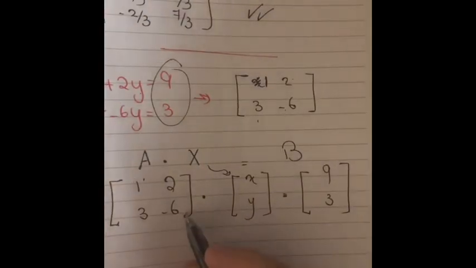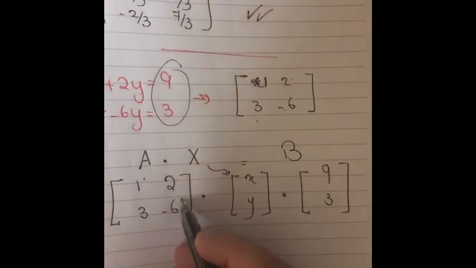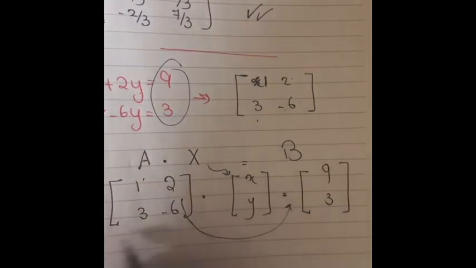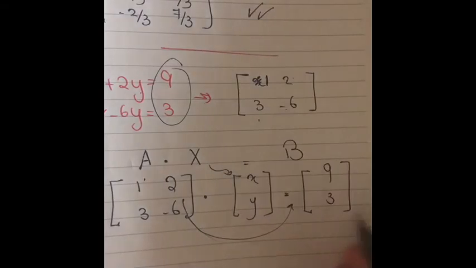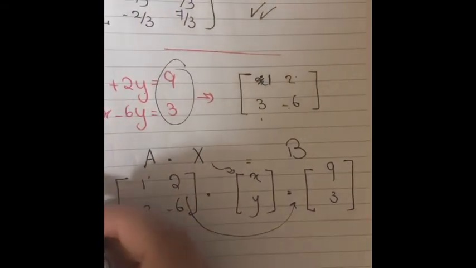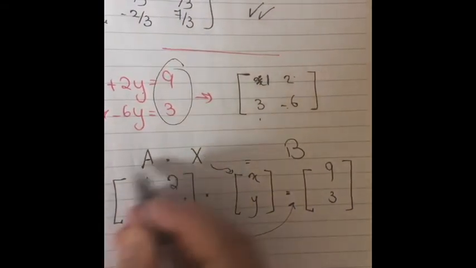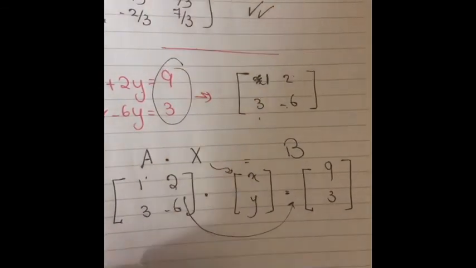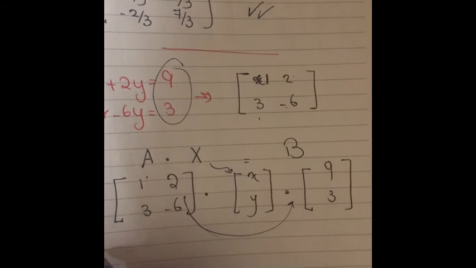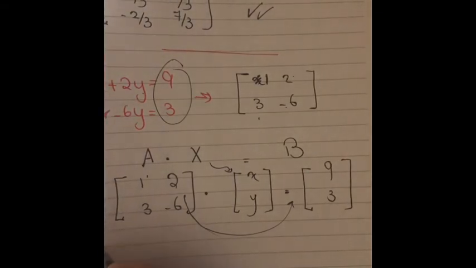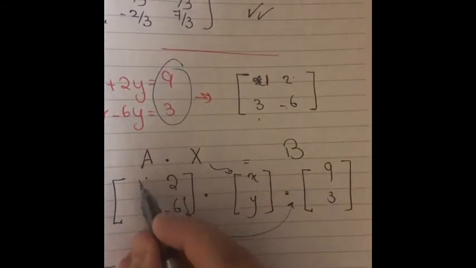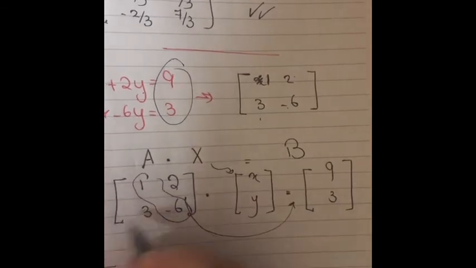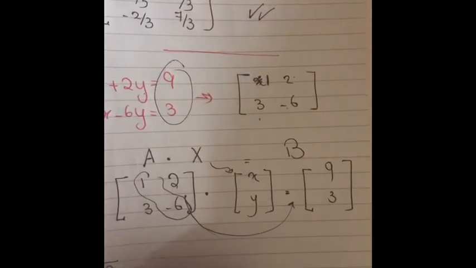So I want to get the inverse of A and take it over here, as if I want to divide by this and divide by that. If I have A and 1 over A, I'm going to get rid of it. So the first step is to get the inverse of A. How would we get the inverse of A? 1 over the determinant, and the determinant here is negative 6 minus 6, negative 1 over 12.